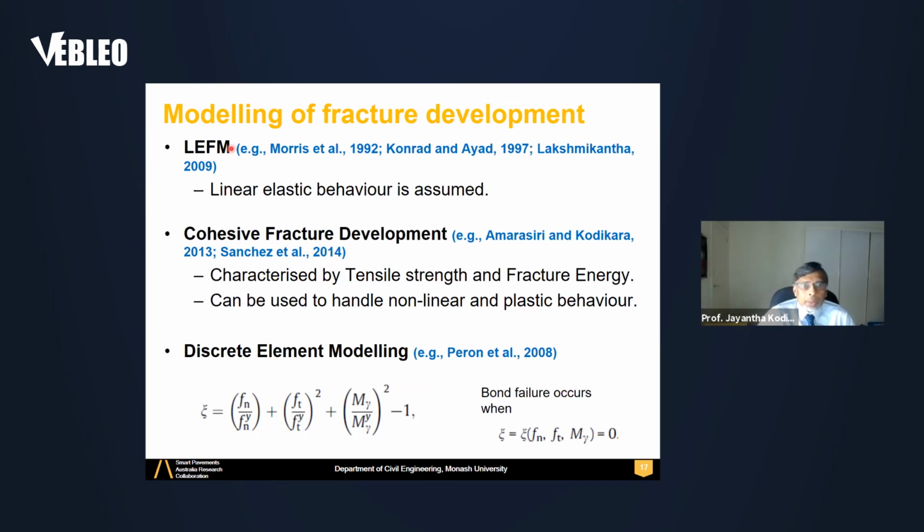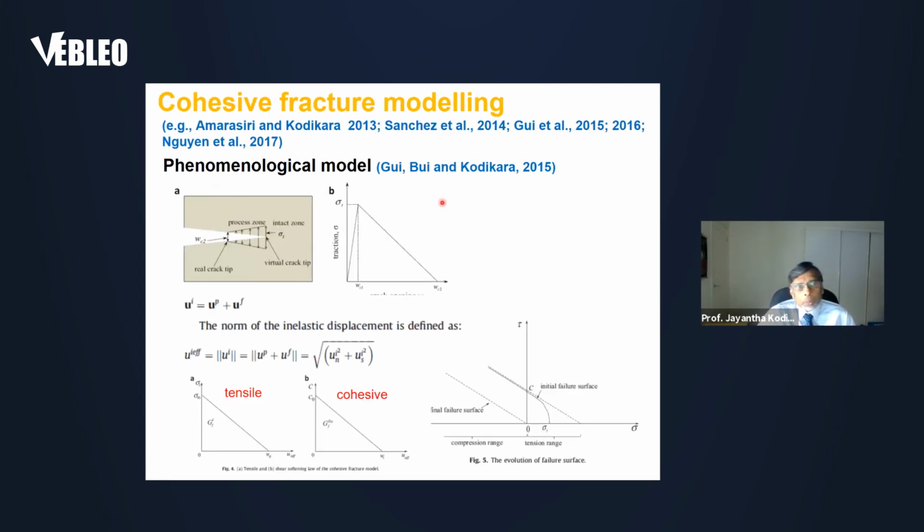Linear elastic fracture mechanics has been tried as well. I mentioned the limitations of linear elasticity because the process is highly nonlinear. Then cohesive fracture development is also something we developed, and discrete modeling is another approach. In cohesive fracture modeling, we used a fracture process zone where the fracture opening is here, but the fracture goes beyond that, up to a point, the virtual crack tip, where tensile stress is present as the initiation of a crack.